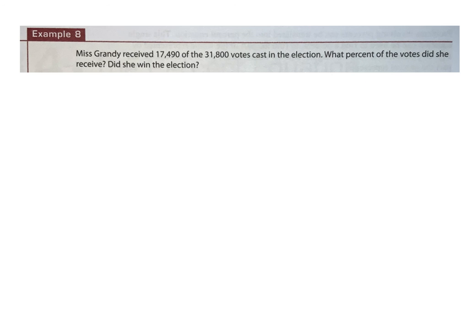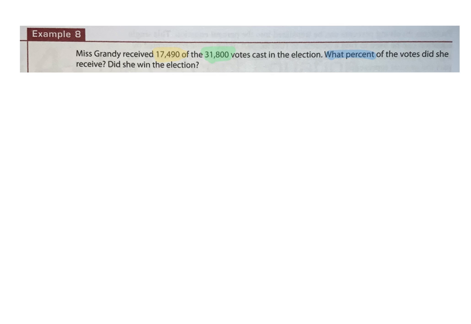Miss Grandy received 17,490 of the 31,800 votes. What percent of the votes did she receive? What is the part? 17,490 is the part. What is the whole? 31,800. What is the percentage? We don't know.